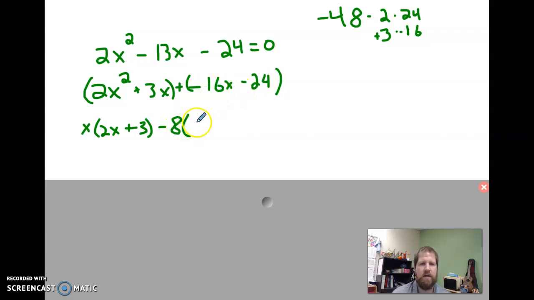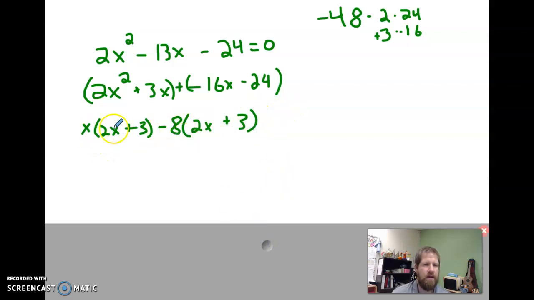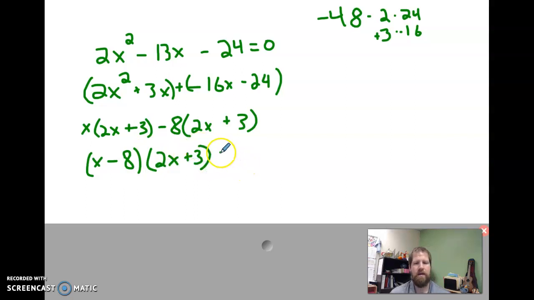And that's going to leave me with 2x plus 3, since I factored out that negative. And then combine them. I've got x minus 8 times 2x plus 3. And keep in mind that's all equal to 0.